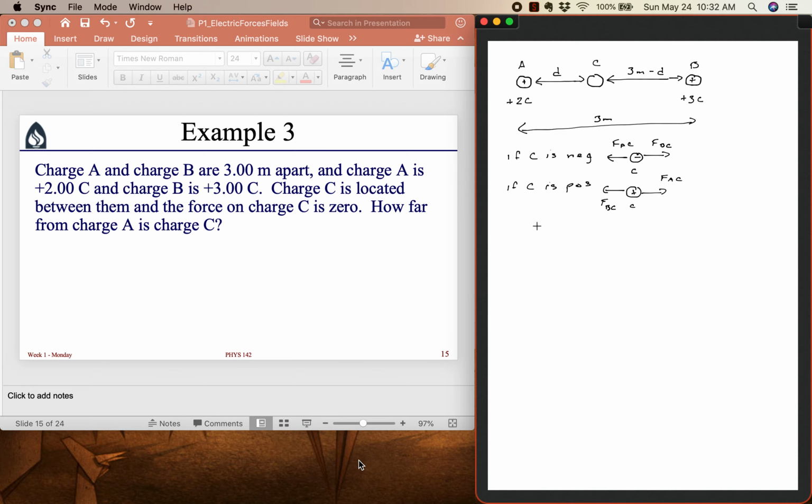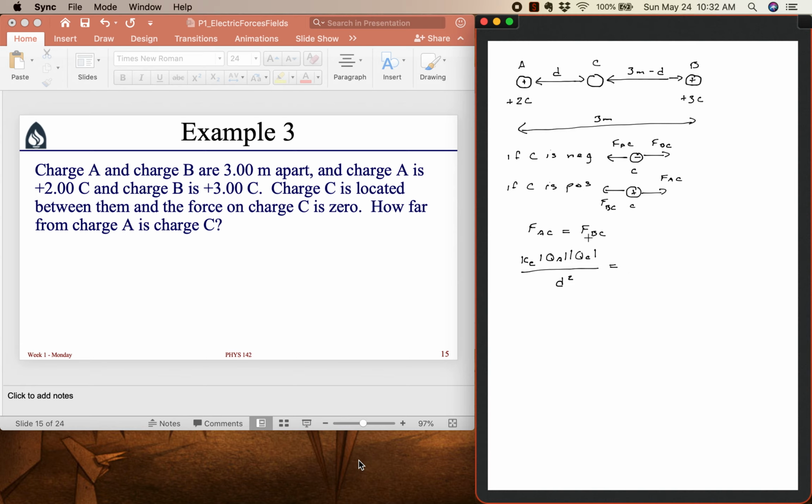So let's do that. We need to ensure that the force of A on C is equal to the amount of force of B on C. And we can use Coulomb's law to ensure that that's true. So the amount of force that A exerts on C is going to be equal to Coulomb's constant times the amount of charge on A times the amount of charge on C, all divided by the distance between A and C, which we call D, squared.